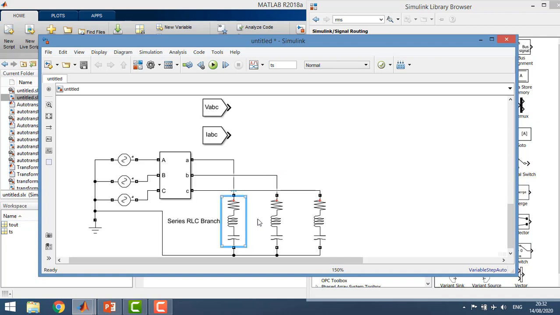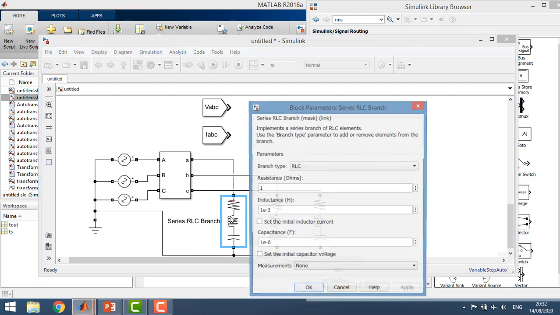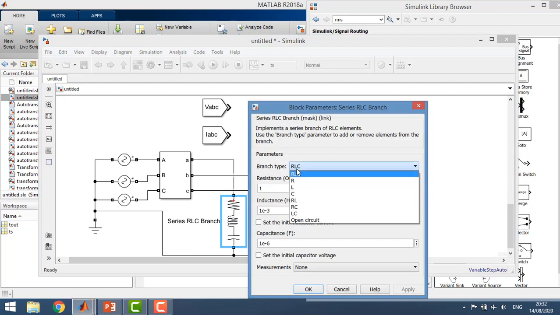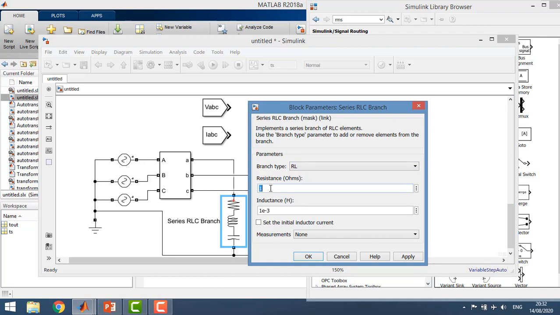Okay, so phase A, phase B and phase C. With phase A we have a resistance and inductance. The resistance value, which we have written in table number 2, and the inductance as well.